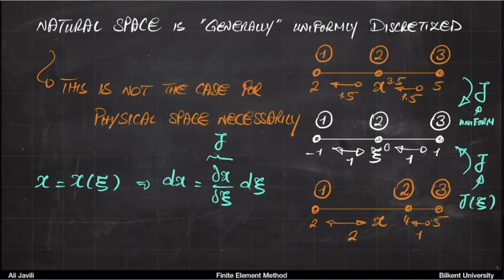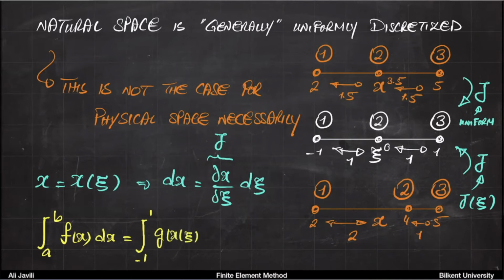Okay, so why is that important? Why do I keep saying this to you? The reason is that, remember, we had this integral from a to b of f of x dx, and we said that basically using this Jacobian, this is exactly what happens. We would say it's from -1 to 1, and now you would have that function, because x is a function of c, let me even put f here for you. So this would be f, which is now a function of c, by the way, multiplied by J dc. Now if you look at this, this is what we called g(c) before.